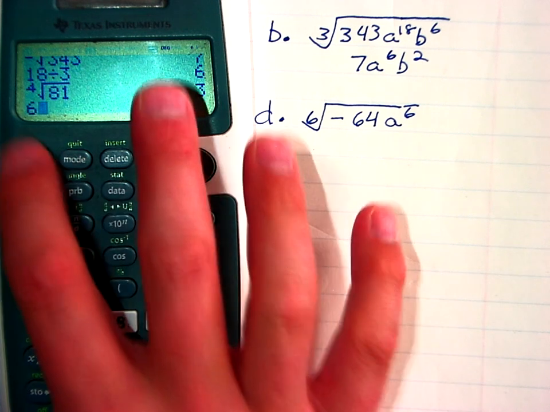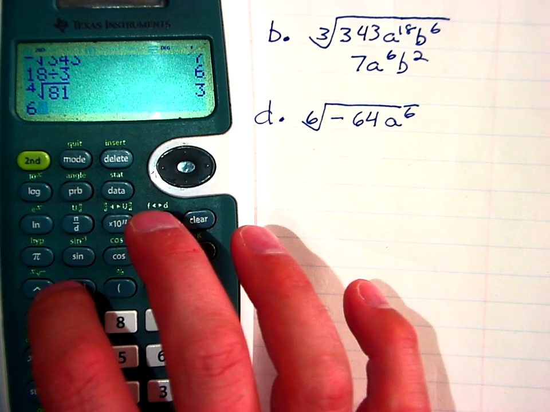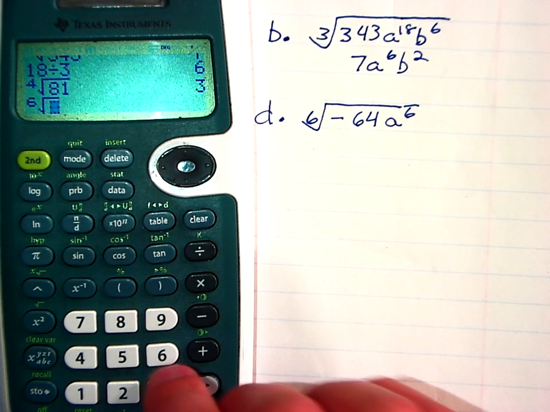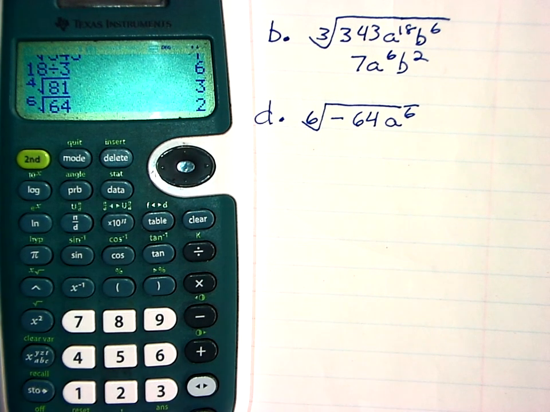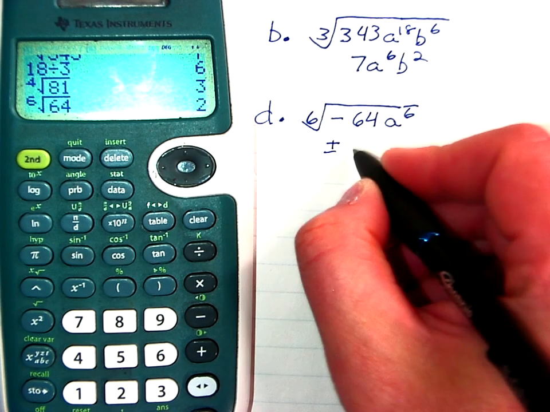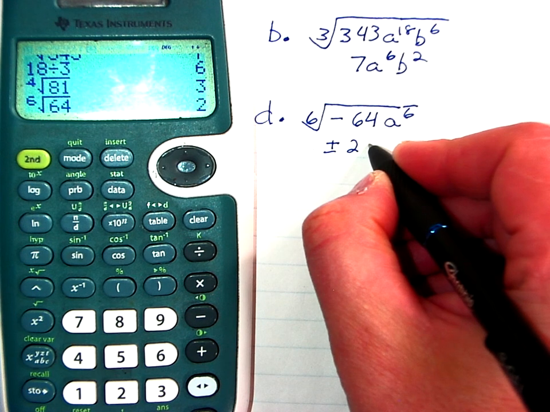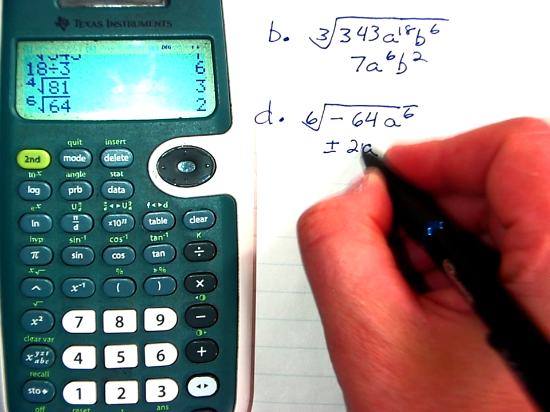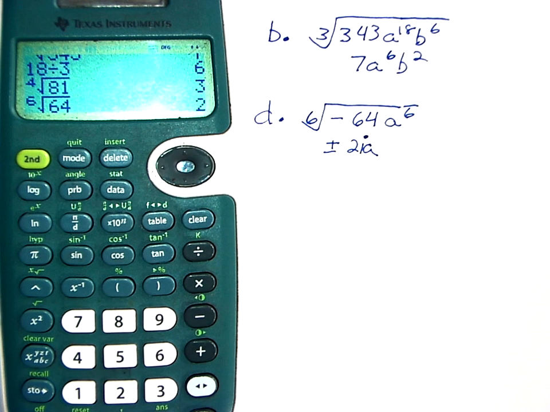So we're going to do 6, shift, or second, up arrow to get the 6th root of 64, and that is 2. So our answer is going to be plus or minus 2a, but we're missing something. i a. Plus or minus 2ia.